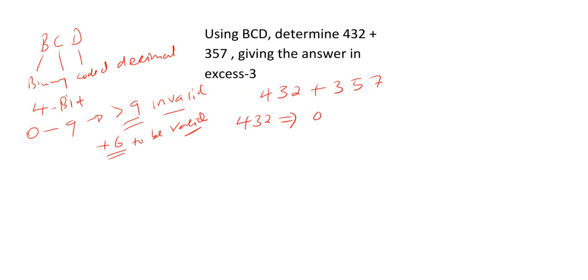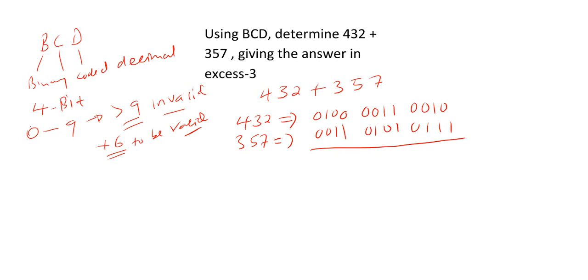So 4 is 0100, 3 is 0011, and 2 is 0010. Then 3 5 7, we have 0011, we have 0101, and for 7 is 0111.